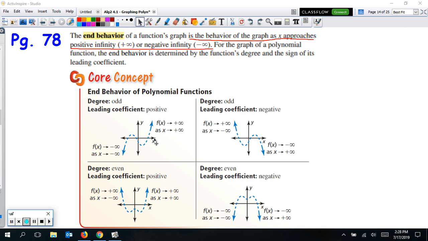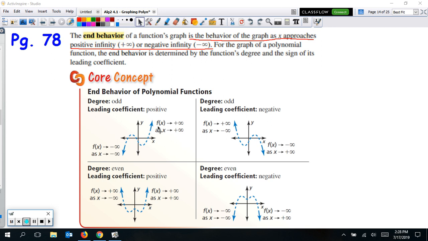So how do we remember this? And here's what we would actually have to say. As x approaches negative infinity, our f of x, the behavior of the graph, is approaching negative infinity. That's what it's showing right here. So as x goes out this way, your graph is pointed down, so the graph is going down to negative infinity. And also as x goes out in the positive direction towards positive infinity, this graph is going up.